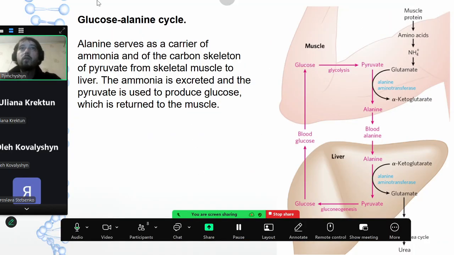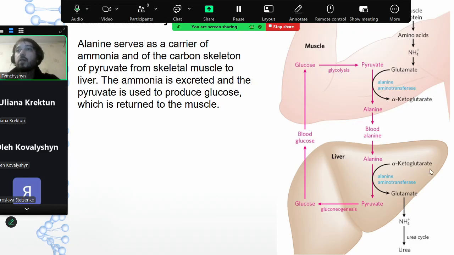Here you see the reminder regarding the glucose-alanine cycle. In the muscle, glucose undergoes glycolysis to pyruvate, and some muscle proteins may be degraded in some cases, and at the end of the day it is transformed into alanine that is transported through the blood to the liver, and the liver performs some more chemical reactions, like transforming that back into pyruvate, into glucose, and exporting the glucose that can be used by different tissues.